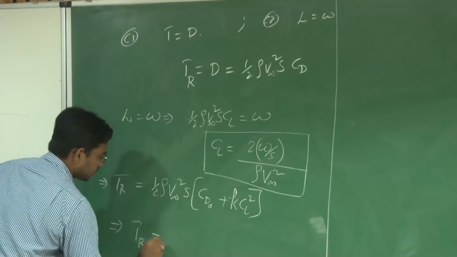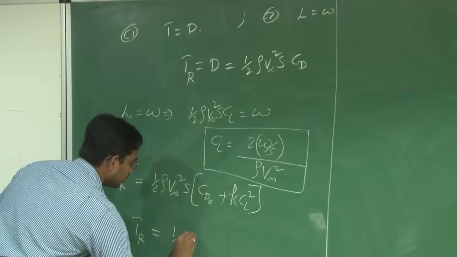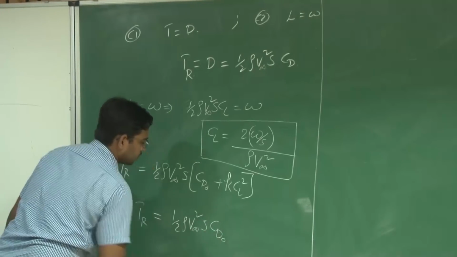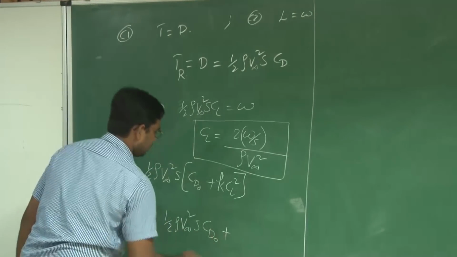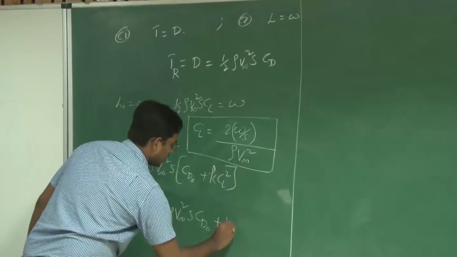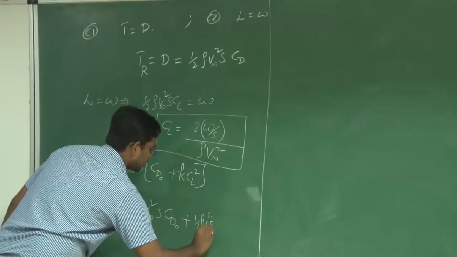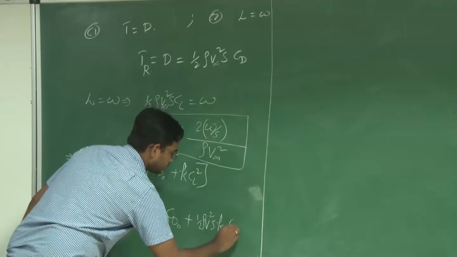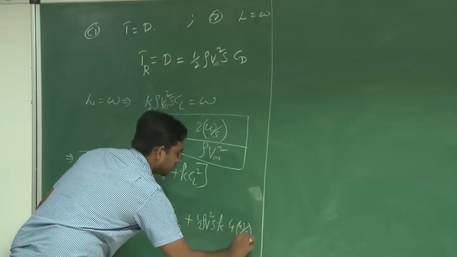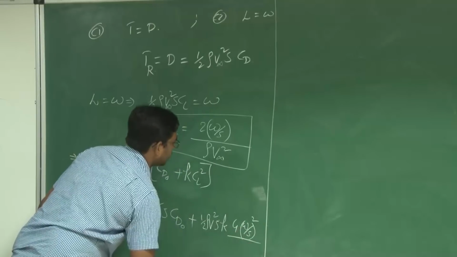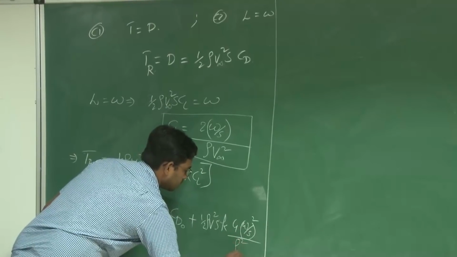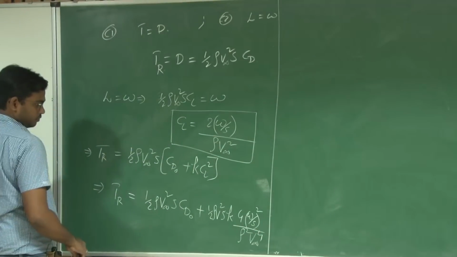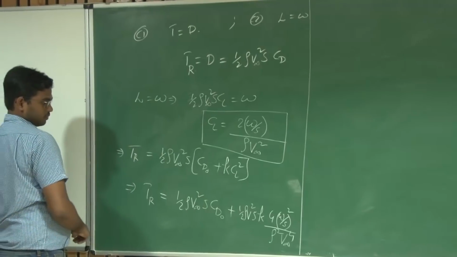So thrust required is equal to half rho V infinity square S CD naught plus half rho V infinity square S K into CL square, which is 4 (W by S) square divided by rho square V infinity power 4, right?